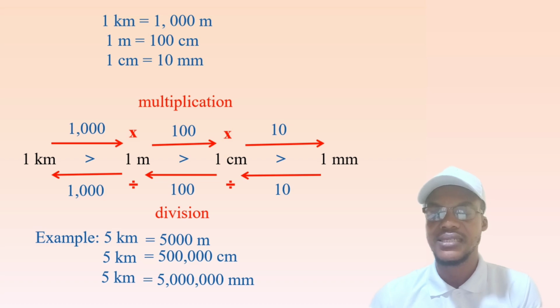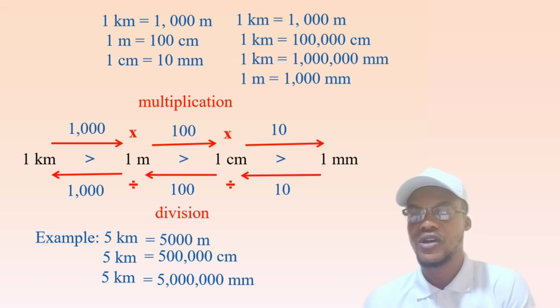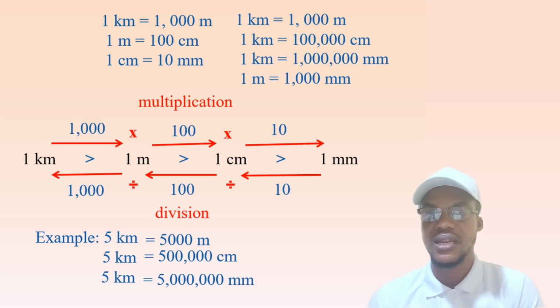So if you change 5 kilometers to millimeters, you get 5 million millimeters. You see that? Very basic.